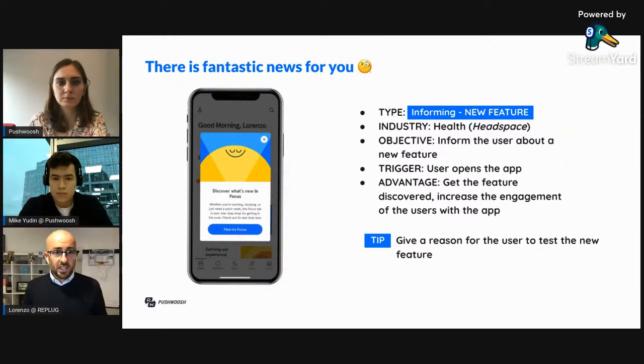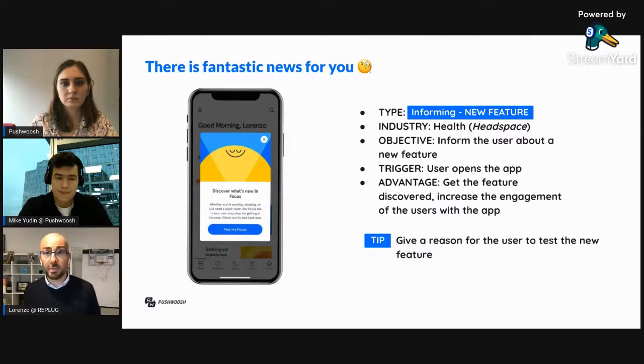Very nice, very clear, very neat. The graphic is very similar to the app interface. There is a very clear title with a call to action, discover what's new. And most important, they give me a reason to try: you should try it because you will get this kind of advantage. And then there is a call to action, find my focus. So this is a very nice example of informing about a new feature.